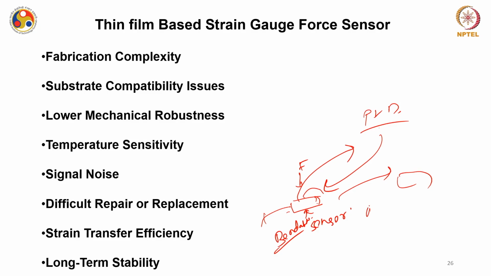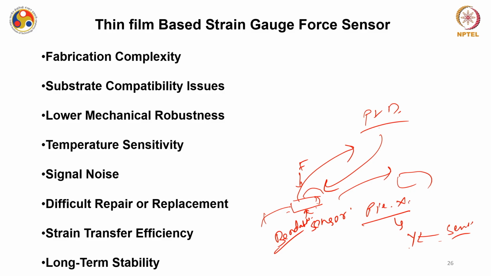Then this kind of film based sensors are difficult to repair, because say the piezoresistive material X is very much compatible with surface Y, where Y is your sensor, this bendable kind of device on which you want to measure the force.